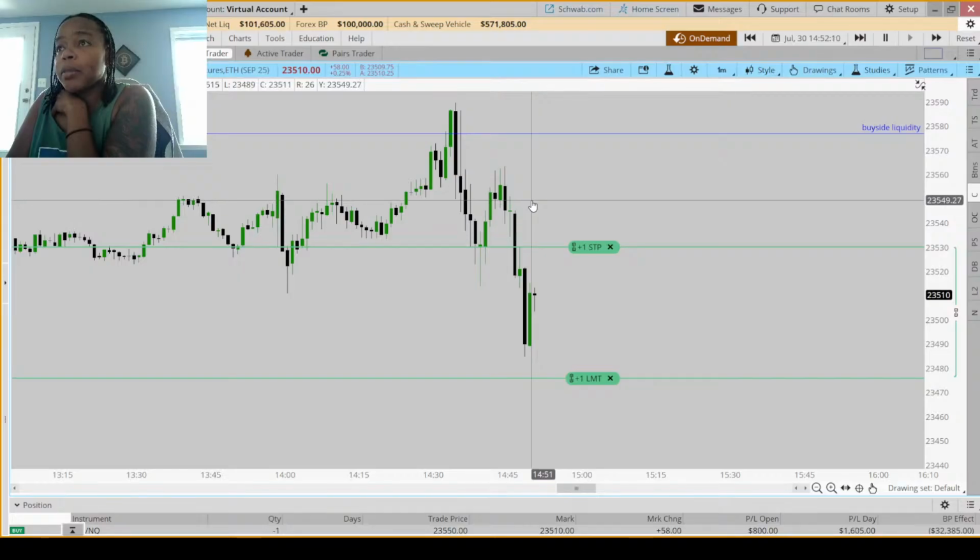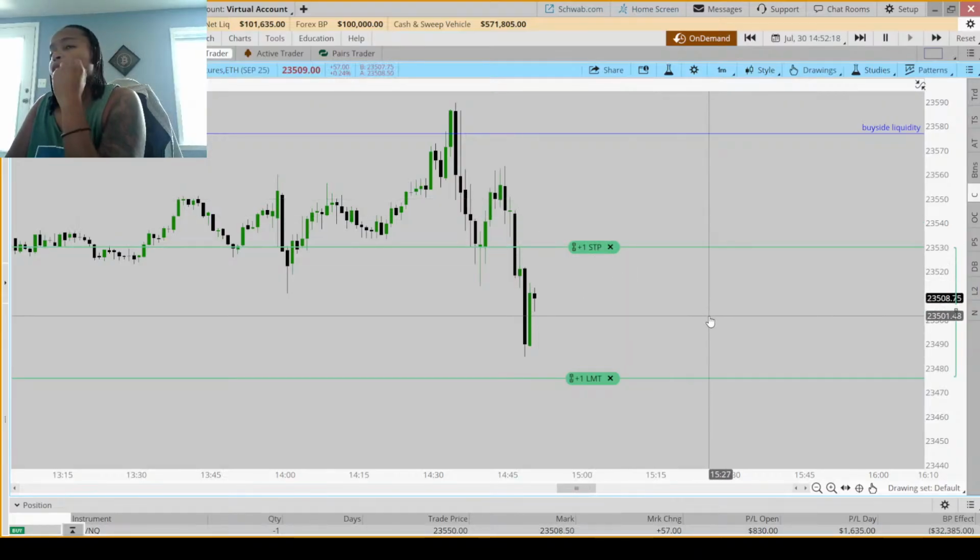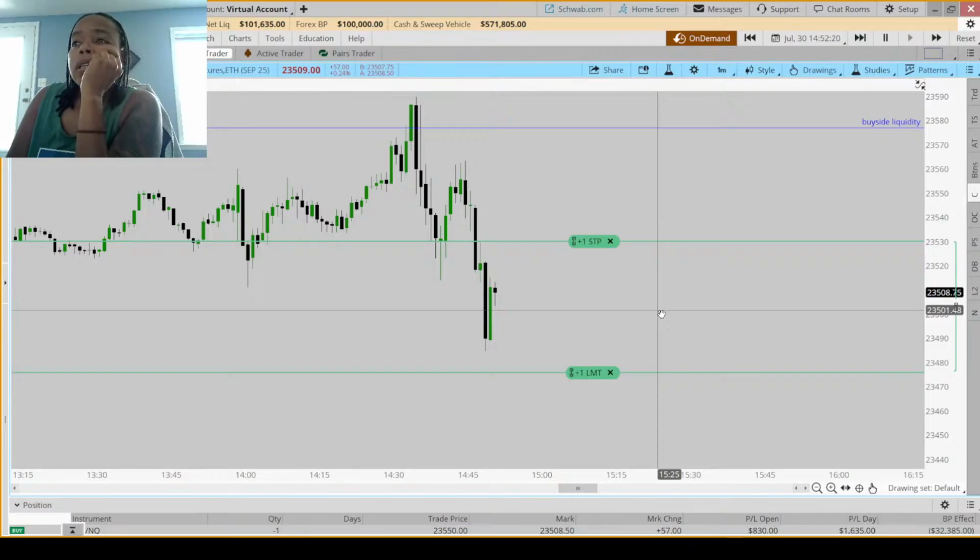So my entry was at the base of the body here, for sure. And as we know, they do absolutely drop lower. But choking the trade and not letting it get to where it needs to go is definitely a problem that I have, for sure.